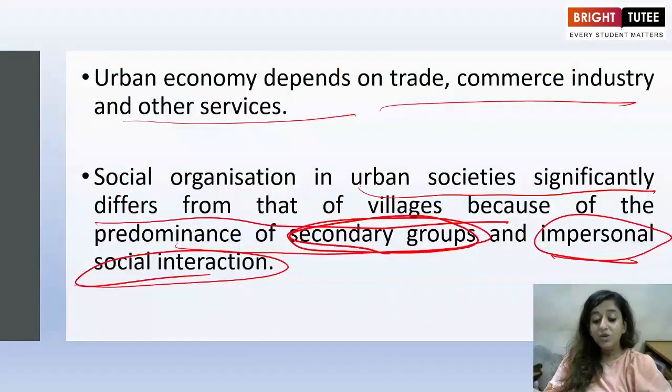But here, when you have a large population and so many people from varied backgrounds, the predominant area of social life is the secondary groups, because of the impersonal social interaction that takes place.